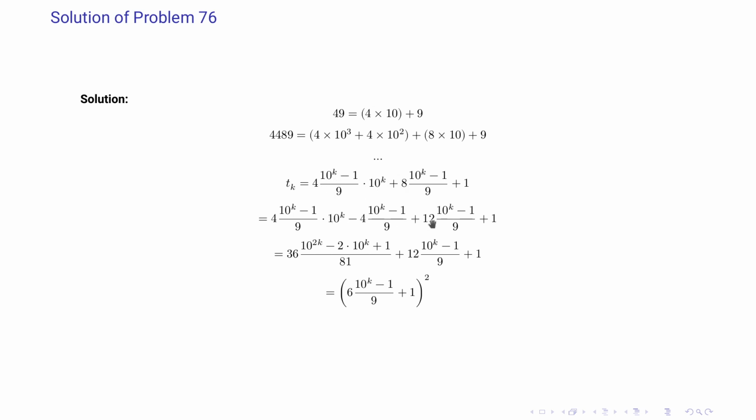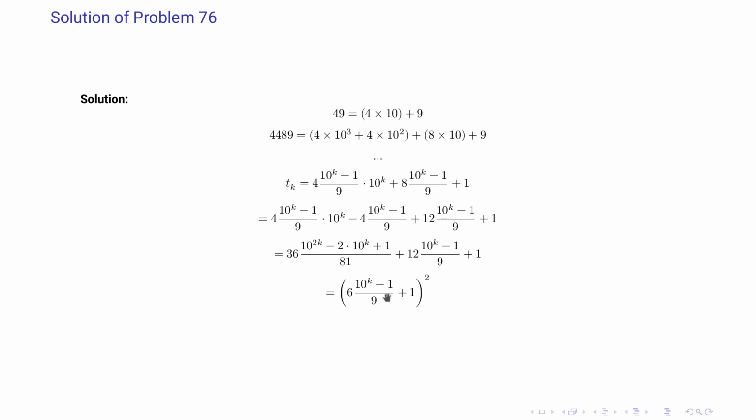So we are trying to arrive at this 36 by 81, and here 2 into 6 by 3, that is, 2 into 6 by 9, and then the square of the numerator term. So we get this as 36 by 81, 10 to the power 2k minus 2 into 10 to the power k plus 1, and this as 12 into 10 to the power k minus 1 by 9 plus 1.